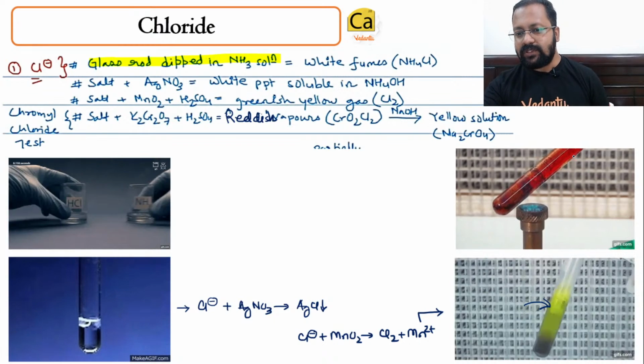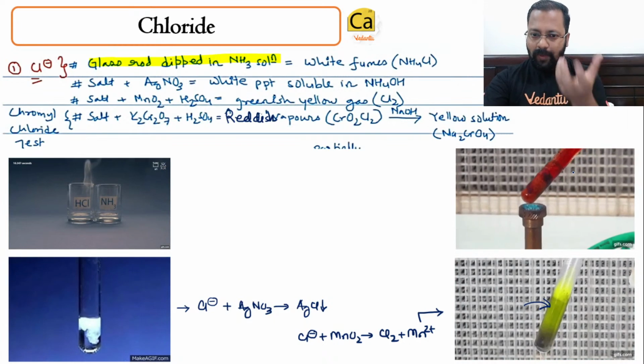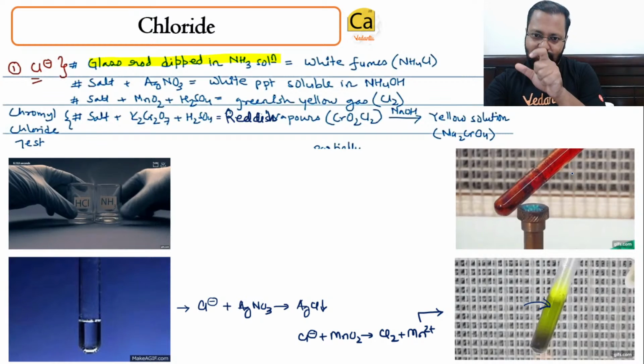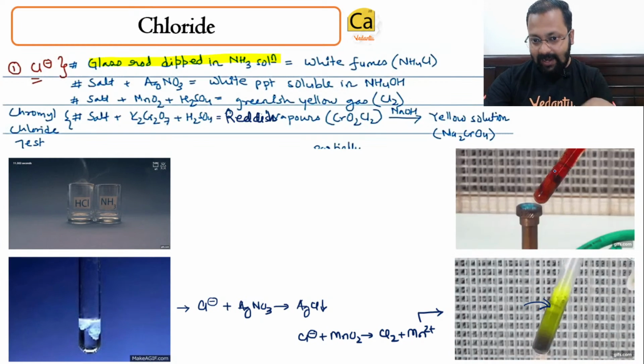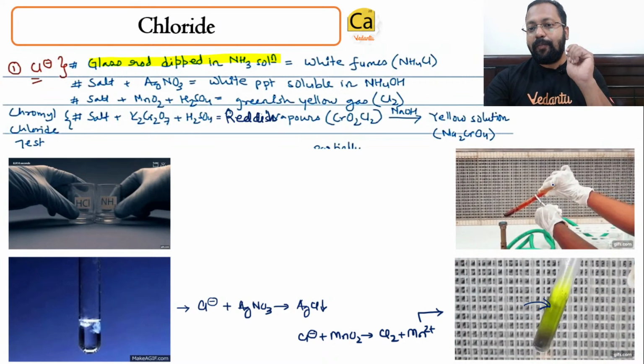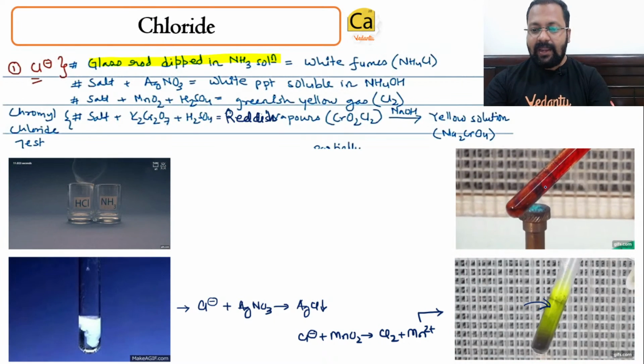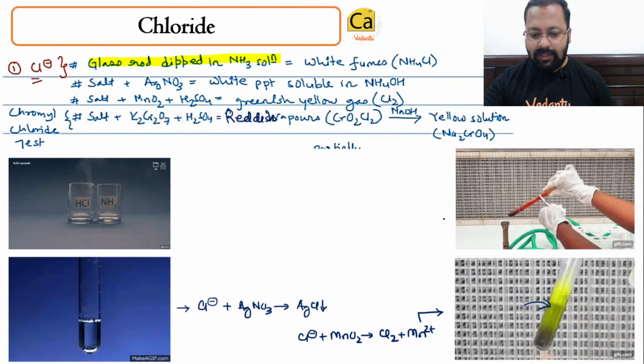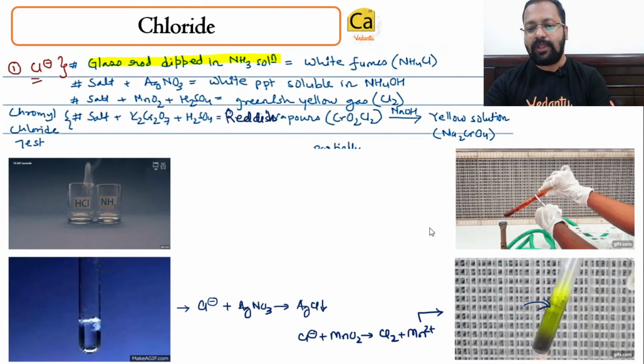Because chromyl chloride, if collected in a test tube, and to that test tube if you add NaOH, you will get Na2CrO4, and Na2CrO4, my dear students, gives a yellow colored solution. So याद रखो, ये जो रिएक्शन है इसको हम बोलते हैं क्रोमाइल क्लोराइड टेस्ट.